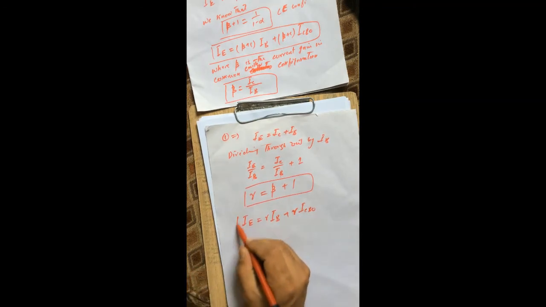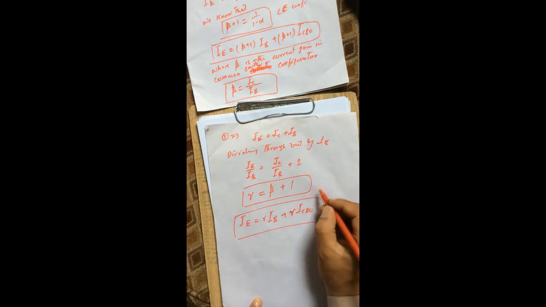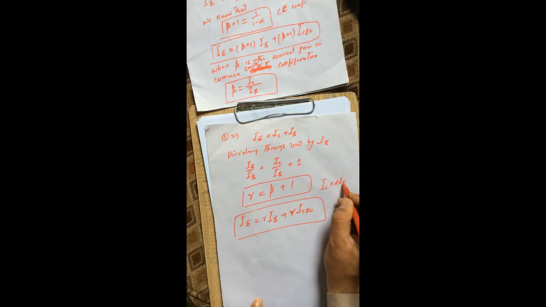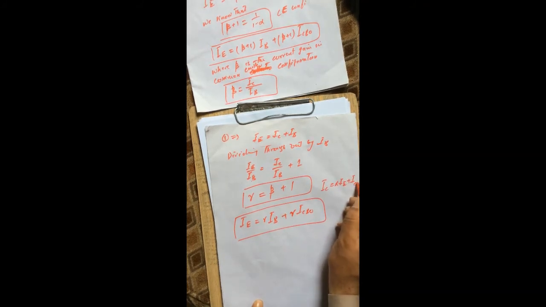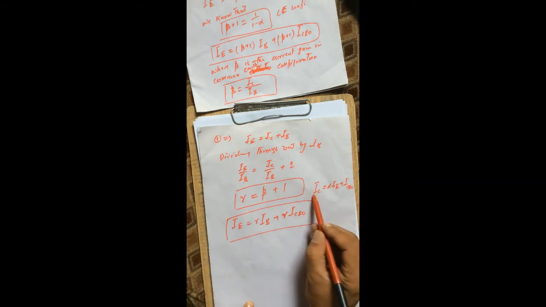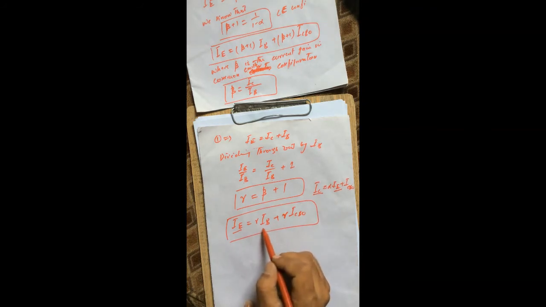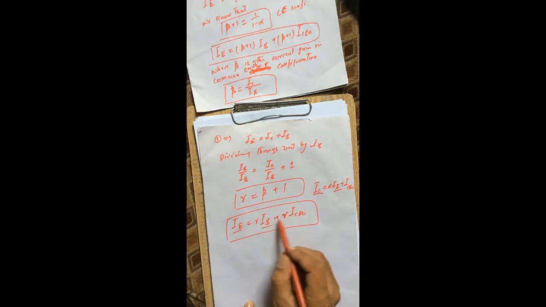So this is the equation like what we did in the common base configuration, IC is equal to alpha IE plus ICBO. They have the same form, because here the output current is IC, here the output current is IE, here the input current is IE, here the input current is IB, plus we have this leakage current.